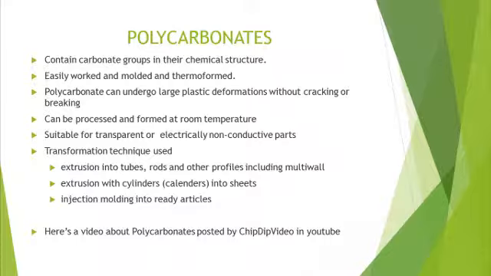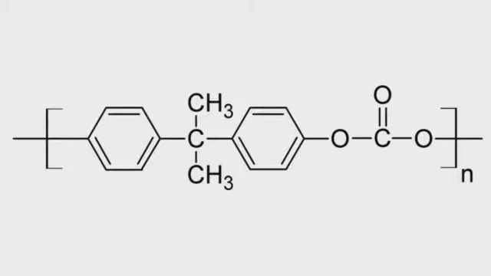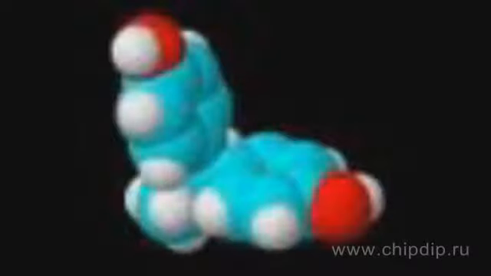Here's a video about polycarbonates posted by ChipTip Video on YouTube. Polycarbonate is a thermoplastic polymer, polyester of metacarbonic acid and dihydric alcohols. The most popular, bisphenol polycarbonate, is produced by phosgenation of bisphenol A and by interesterification of a fused electrolyte with bisphenol A. Polycarbonates are transparent, colorless plastics.